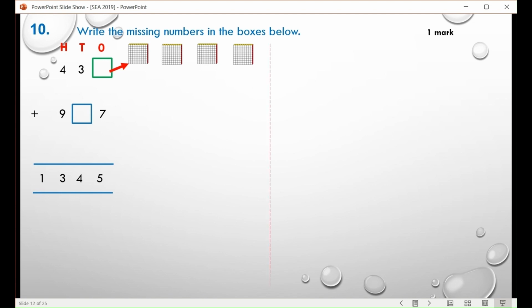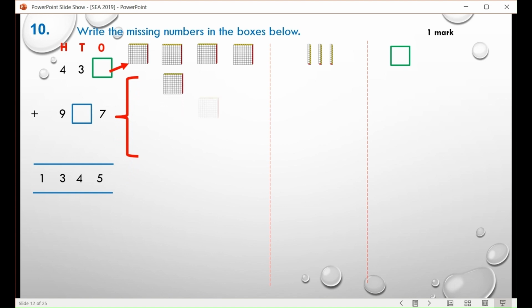And what else do we have? How many tens? 1, 2, 3. And of course, how many ones? We are not sure, so let's put a green box. And let's now look at the second addend. How many hundreds do we have?